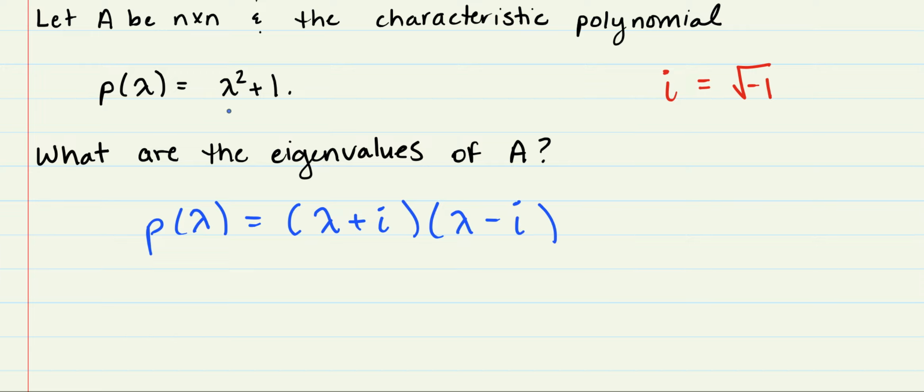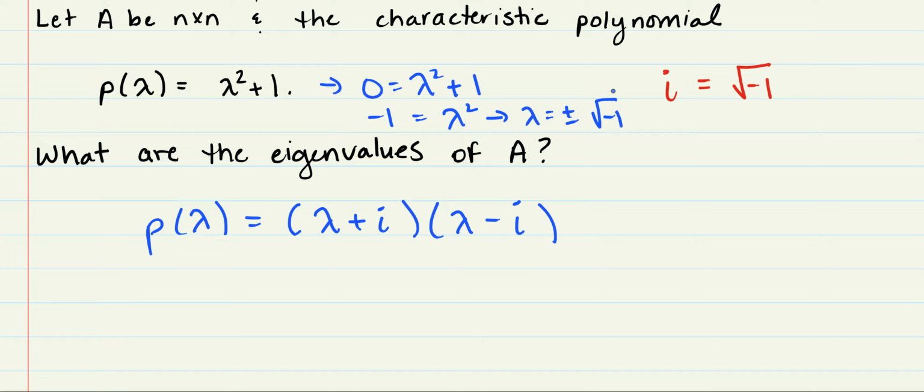Because as you can see, if I set this equal to 0, move over the negative 1 and then take the square root, we get lambda is equal to plus or minus i. And so I have two complex eigenvalues. One is a positive i and one is a negative i.